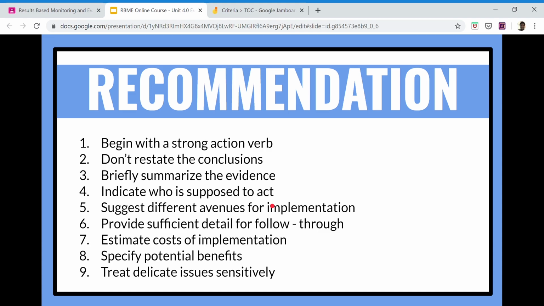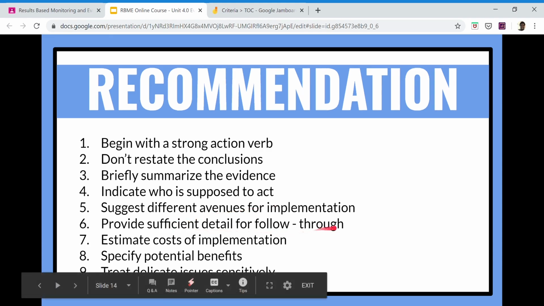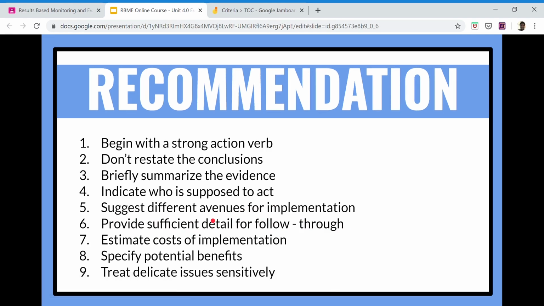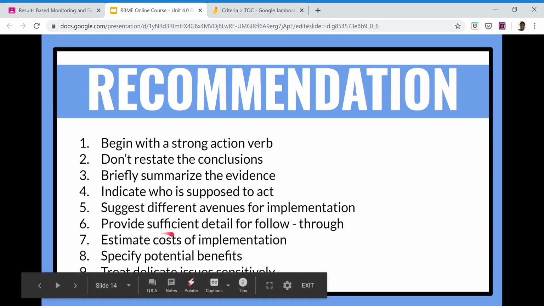And in this manner, what one will normally do is to think about you as an evaluator, where you can help in following through on implementing the recommendations. That is very important. Estimating the cost of implementation, yes, you could do that.